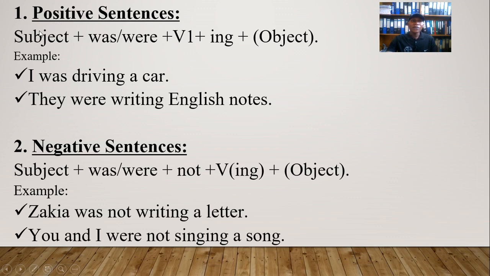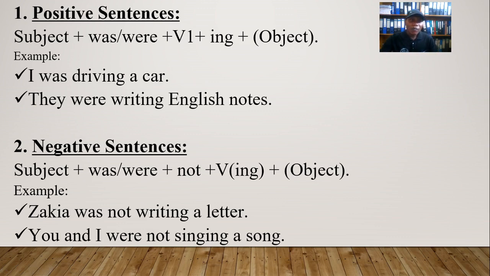In the case of positive sentences, this is our formula. Our formula is the subject plus was or were plus verb 1 plus ing, or we say a verb in ing form, then plus object. Object is optional, that means it can be there or not.